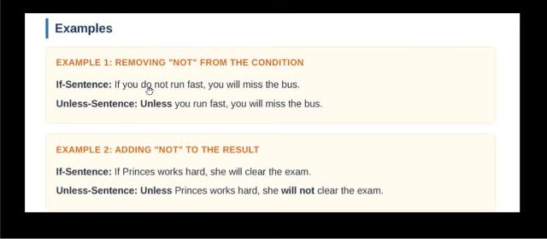If it is in a negative, we need to change it to be positive. So it will be, "Unless you run fast." We remove "do" and "not". So "unless you run fast", and then after the comma you maintain everything, "you will miss the bus." Simple as that.